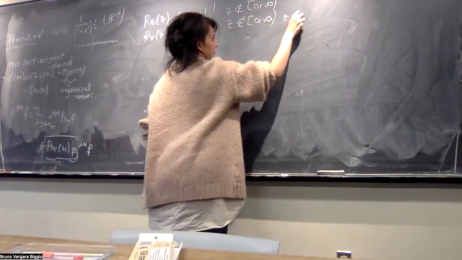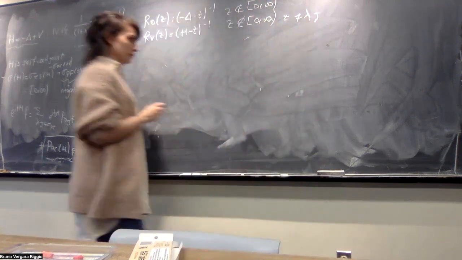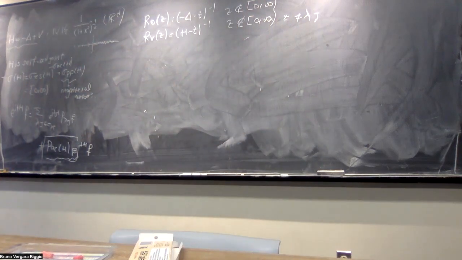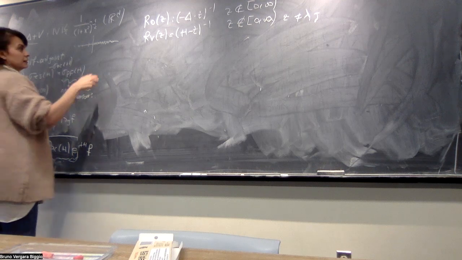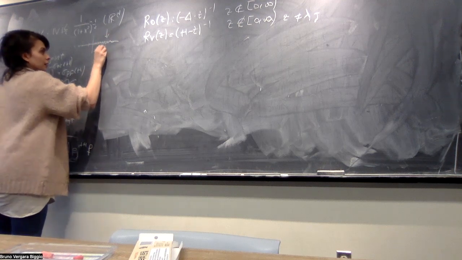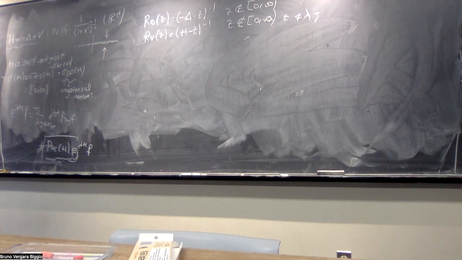So this is mainly what I'm wondering, of course, because I'm gonna go through the spectral measure. I want to understand what happens if I go from above and below to the real axis to my resolvent.